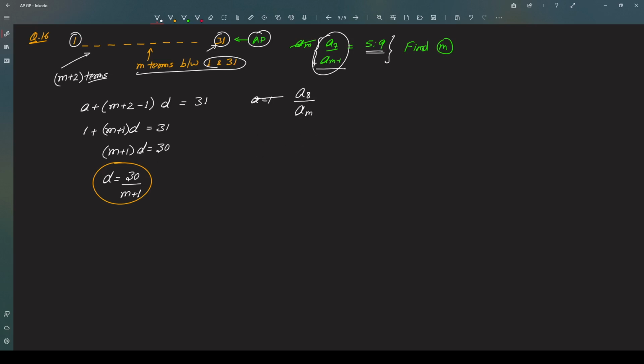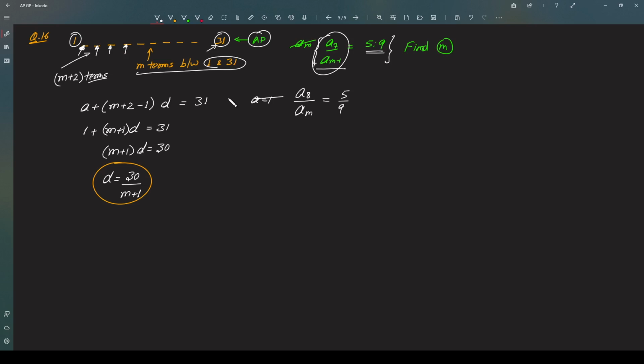I hope you understood. So A8 is to A m is equal to 5 is to 9. As you can see, the first number which you have inserted is the second number of the series, the second number is the third number of the series, the third number is the fourth term of the series, and the fourth number is the fifth term of the series.